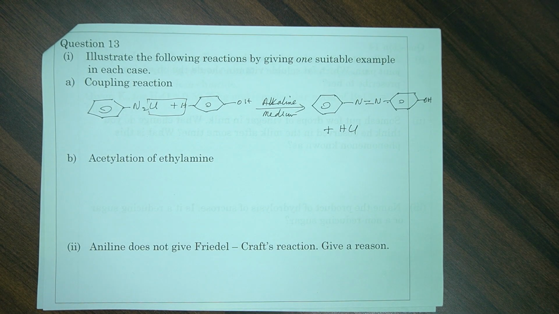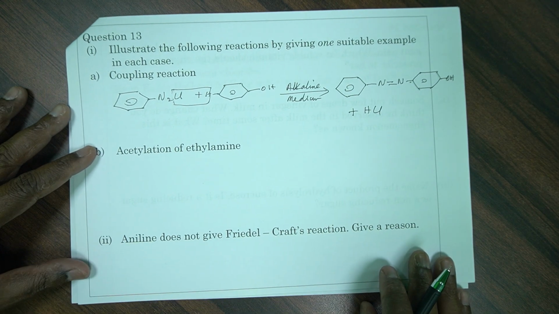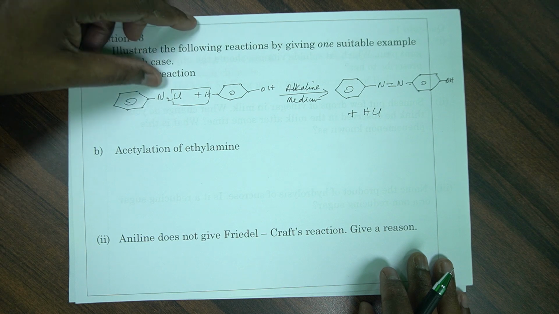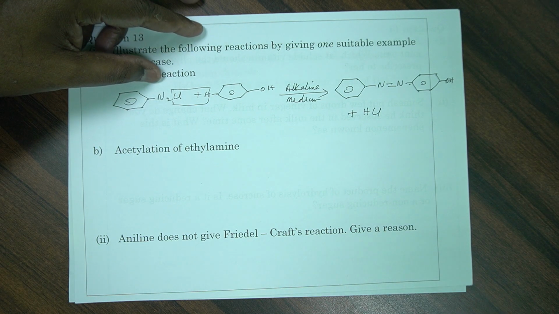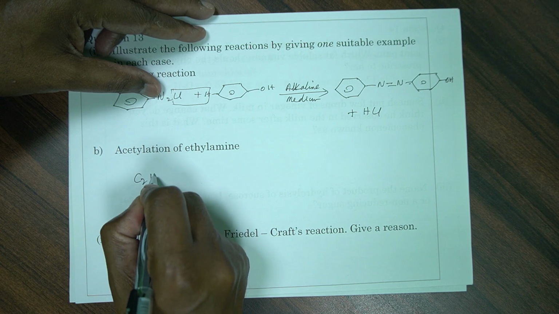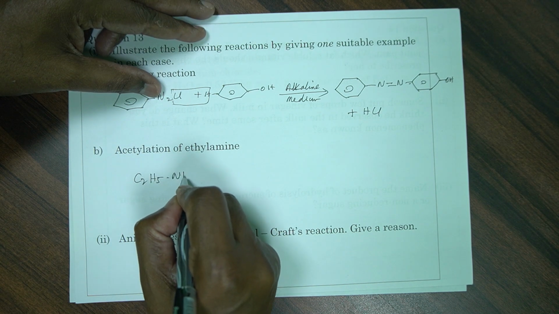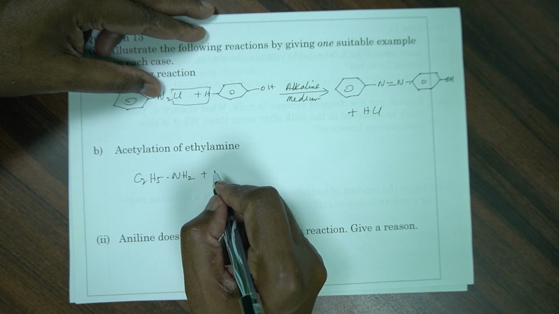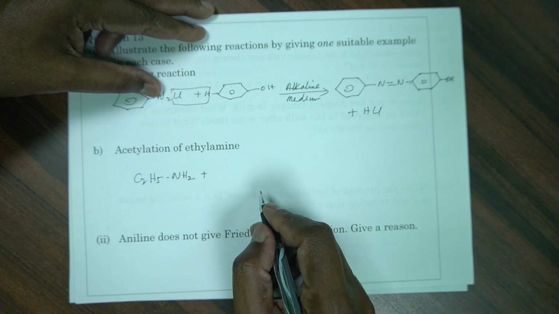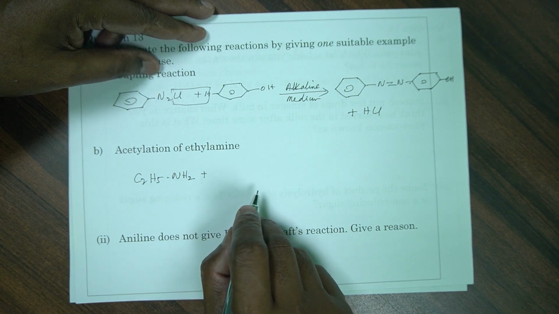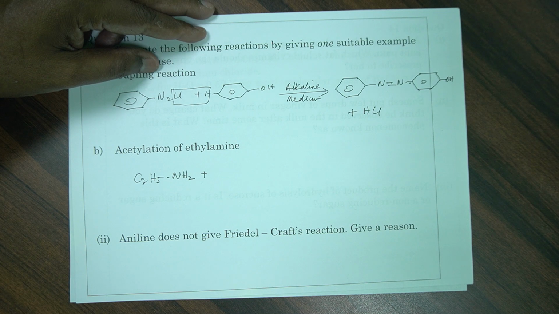The next one is they are asking for acetylation of ethylamine. Acetylation of ethylamine. So can take ethylamine. Ethylamine is C2H5 NH2. Now it is a Lewis base, and forms salt with the Lewis acid. So that concept can be applied on this.